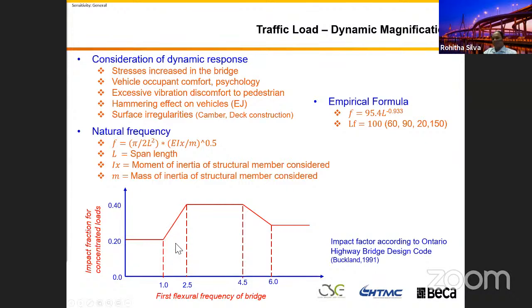If you look at the old code like Austroads, I remember in the early 90s, when I used a 50-meter long bridge, the dynamic magnification factor, I think I is equal to 1 over L plus 25.